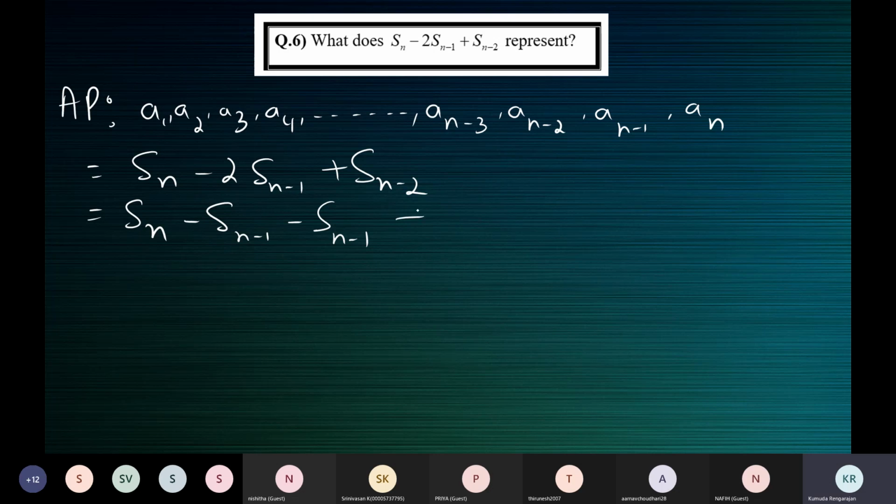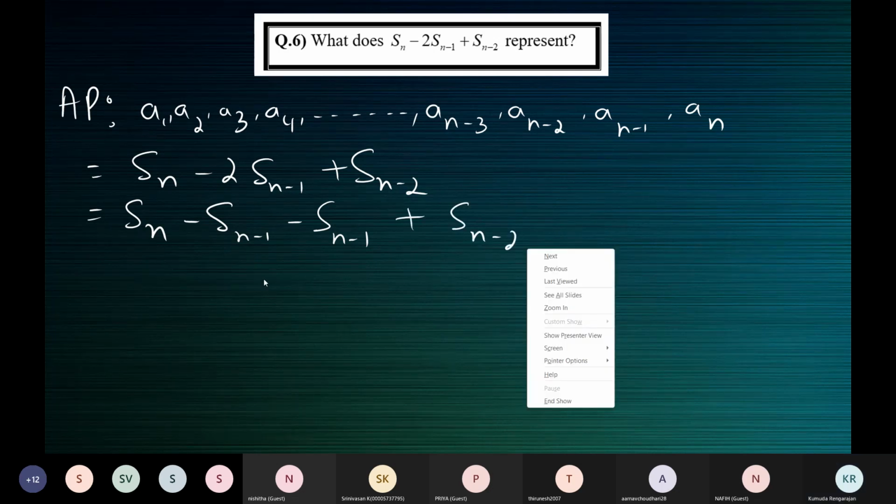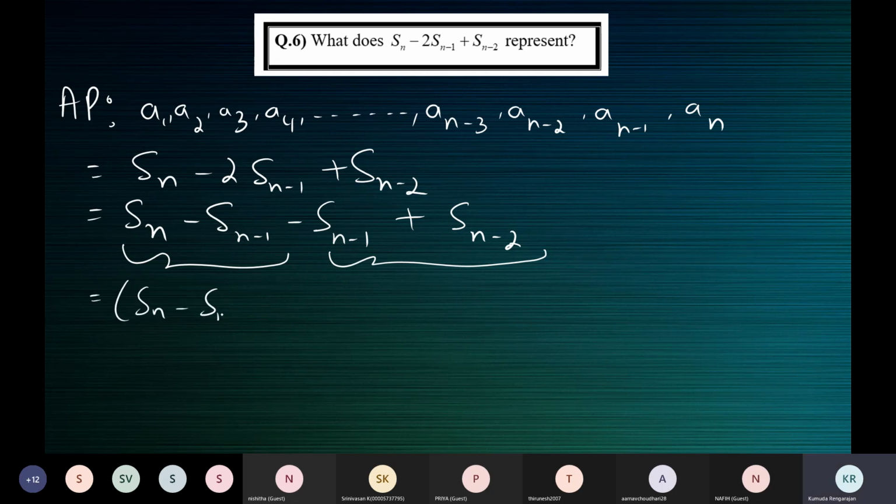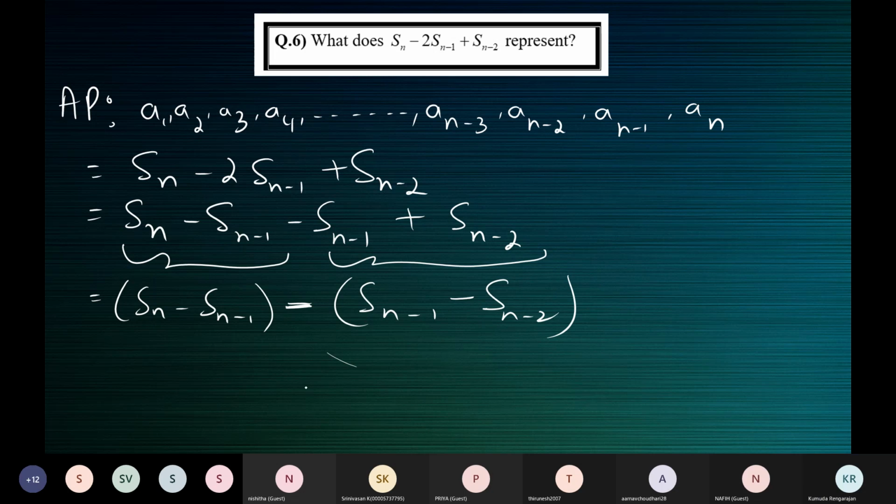Write the last one as it is. Now it's like grouping these two and these two. We group Sn minus 1 and we group the last two, minus Sn minus 2, because minus is common, right? Meaning we take out the minus and use a bracket here. So minus into this is minus Sn minus 1, minus into minus is plus.